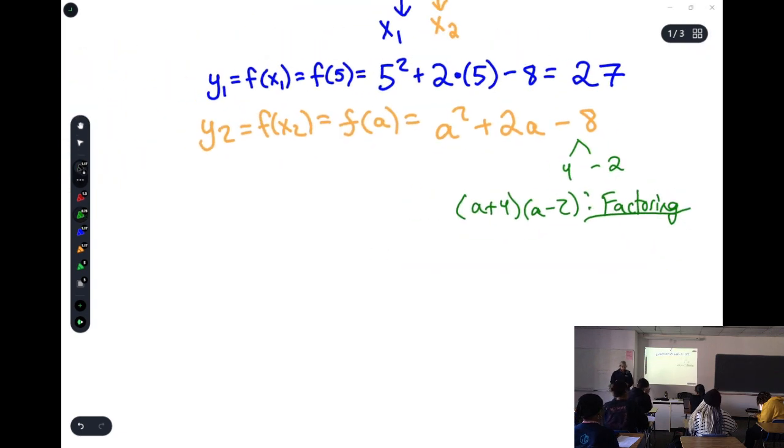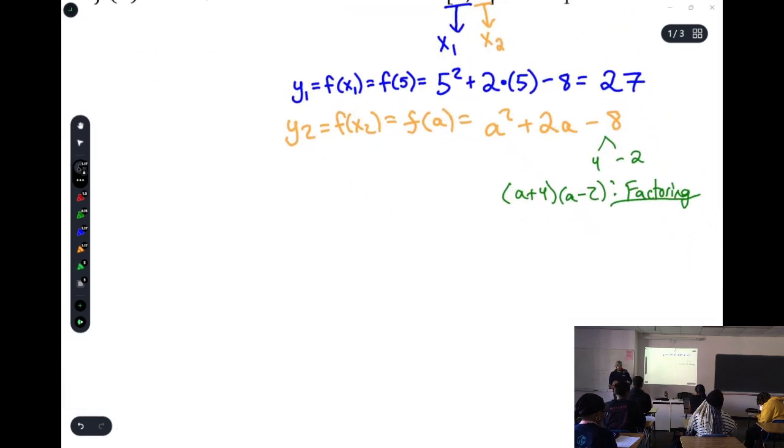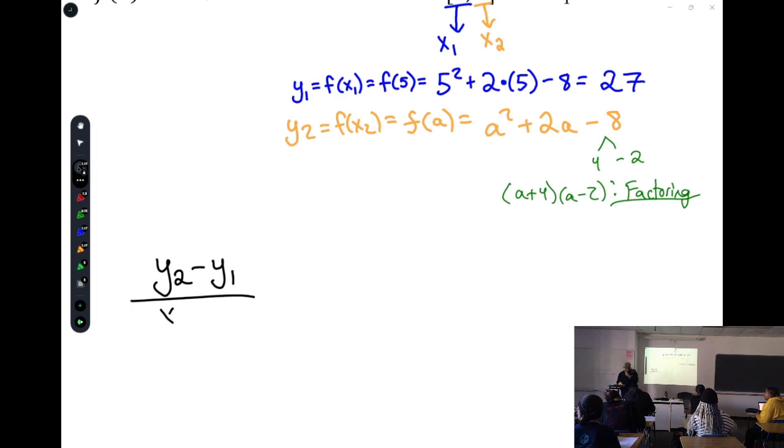Let's keep rolling and plugging it into the formula. Cool? So the formula is... Someone remind me of the formula because I put it down the past few times. What's that average rate of change for? Is equal to?